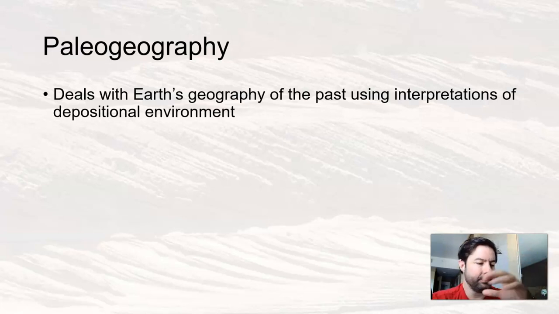What else was there? How high above sea level was an area? How far below sea level was an area? Depending on what sort of sediments and sedimentary rocks and fossils, all of these things help us recreate the past. And that's what paleogeography is, looking at all of this to figure out the geography of the past. Not geology, but geography, just mapping out where things were.